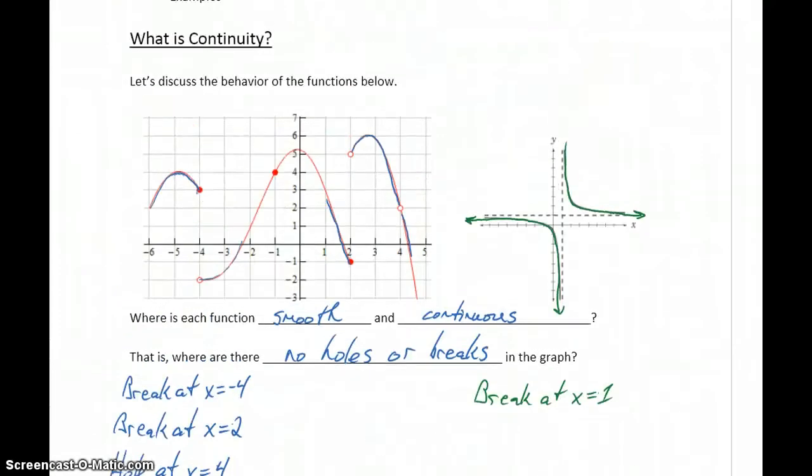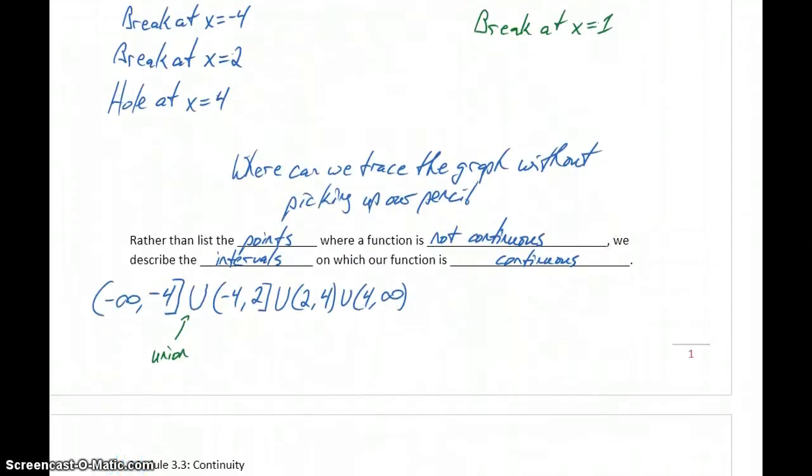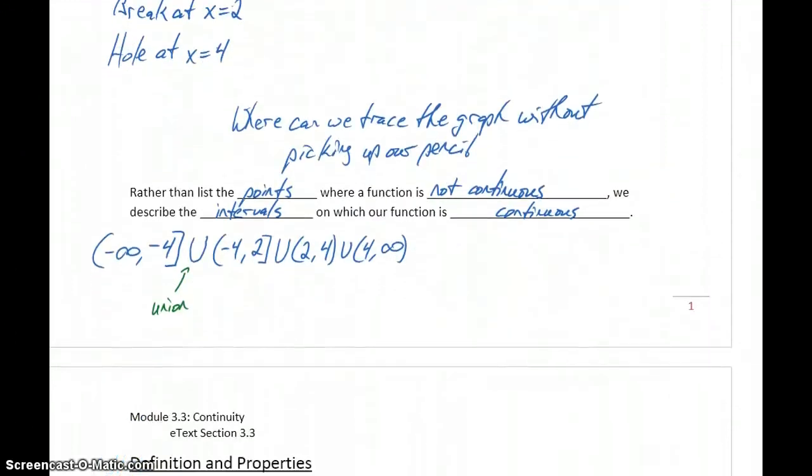With the second graph that we have listed above, we only have this one point of discontinuity, the line x equals 1. Since our function can never hit that line, can never cross that line, in this case we'll have open intervals for both intervals of continuity.